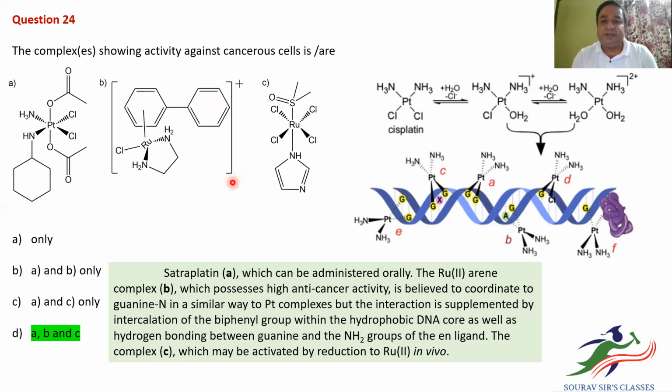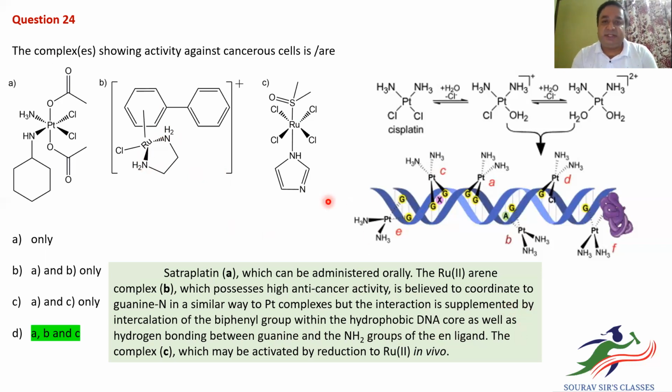This arene part will undergo an interaction, like an intercalation of the biphenyl group, with the hydrophobic part of the DNA core. As well, there will be some hydrogen bonding of the guanine base with the NH2 group of the en ligand. So these NH2 groups will be undergoing some hydrogen bonding with the guanine base.